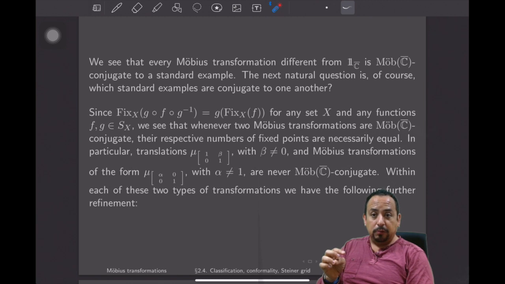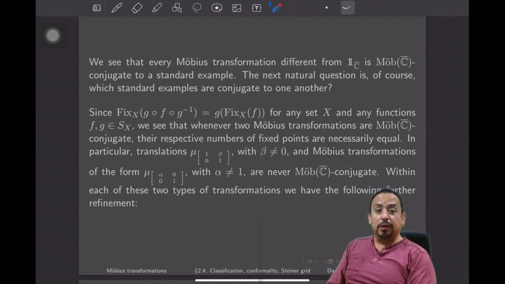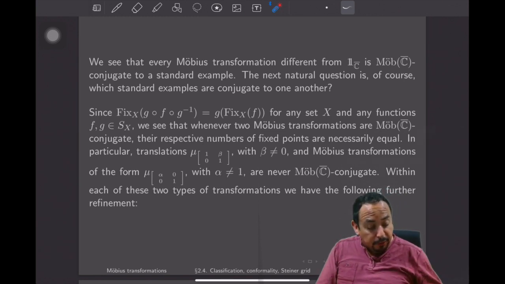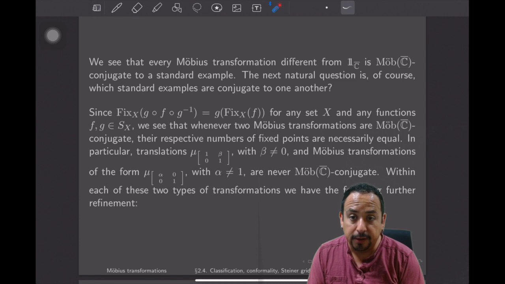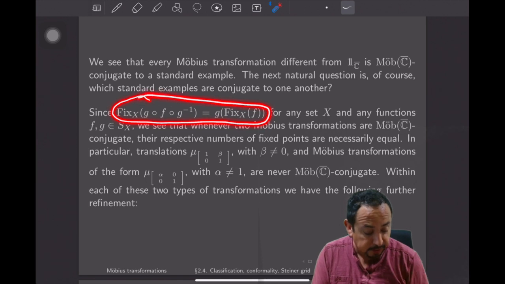So can we give a criterion so that if you give me 2 standard examples, then I can decide whether they are conjugate or not in the group of Möbius transformations of C bar? Fortunately, the answer is yes. So the first observation is that the number of fixed points is invariant under conjugation, thanks to our identity that we have been using repeatedly.